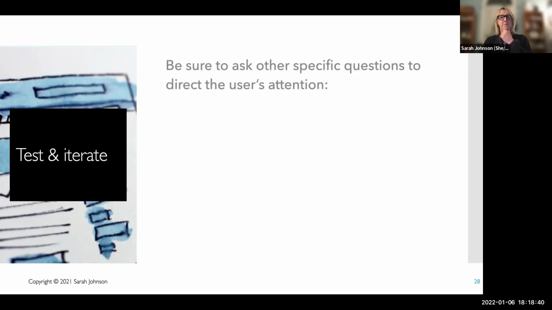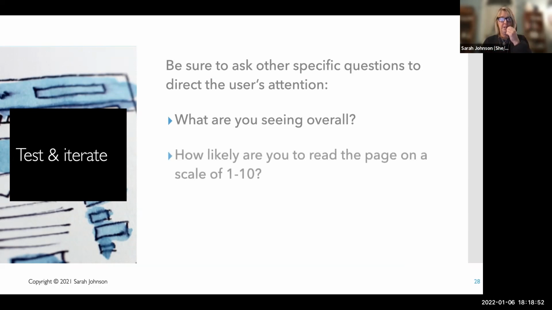So you want to ask specific questions to direct the user's attention, because they'll be looking all over the page. So we want to ask, what are you seeing overall, to get an impression of the page? How likely are you to read the page on a scale of 1 to 10?